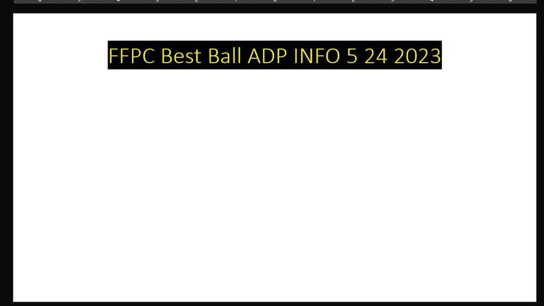So I converted the ADP to my positional specific value number. And then I asked the question, what do the populations look like? In other words, how is the public seeing quarterbacks, RBs, tight ends, and wide receivers, overall, all the ones that I could grab from the FFPC.